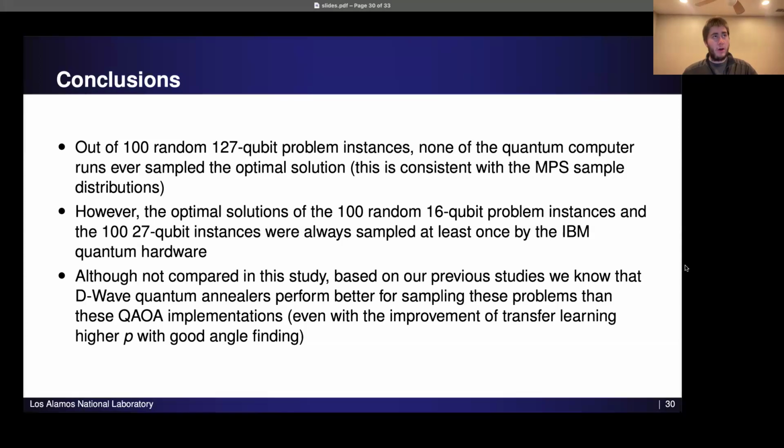And so that makes it hard to actually do the computation at scale to learn good angles for very high rounds. You have so many tunable parameters, so many angles, that you need a very large number of evaluations on that search space. So even with MPS simulations, it becomes hard.